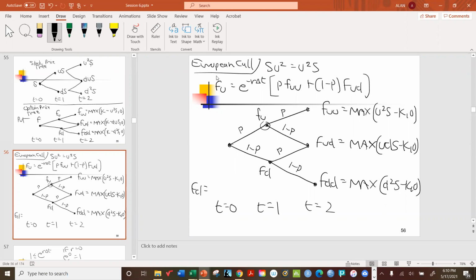will be, let's see, I don't think I have enough room here, so let me do this. E to the minus R delta T. Now from here, if I'm already down here, if I go up, that will bring me to node FUD. And if I go down, that will bring me to node FDD.